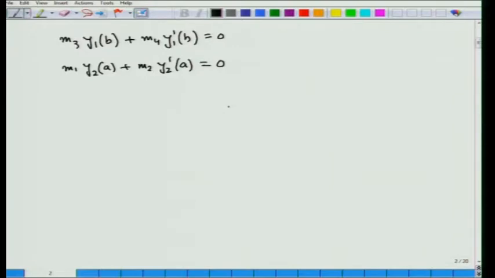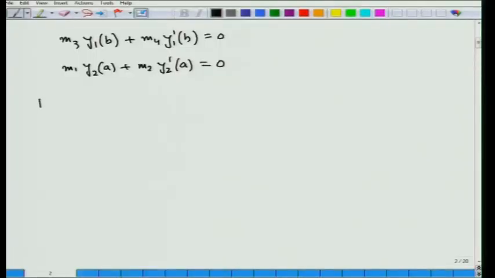Now, in this particular formation, one quantity, that is 1 by alpha, still remains undefined, that we are now going to define along with some discussion on properties of this Green's function. So, now let us look at the properties of Green's function.